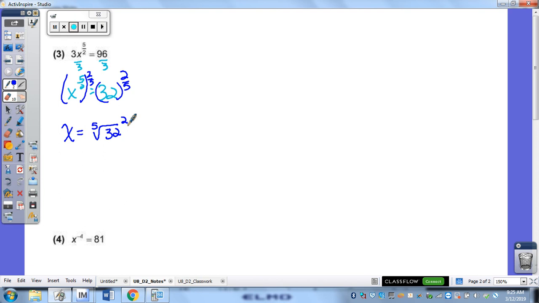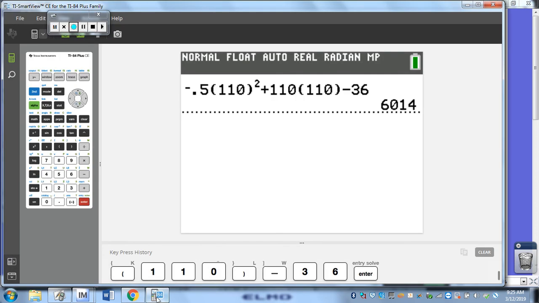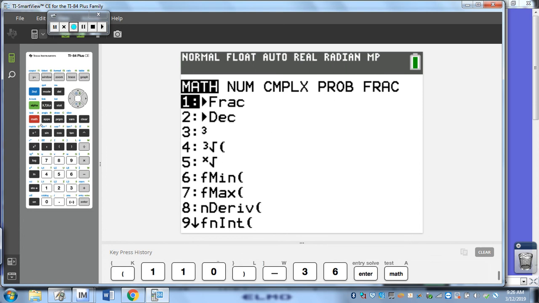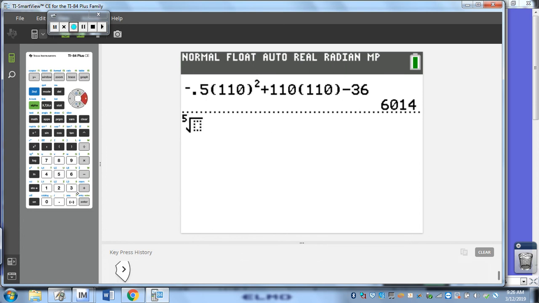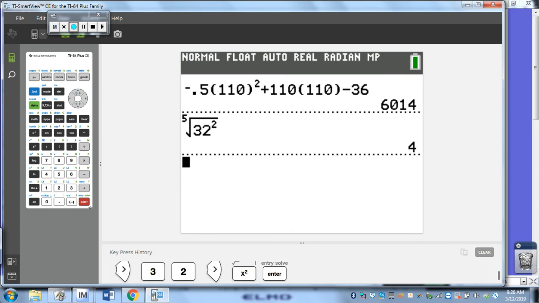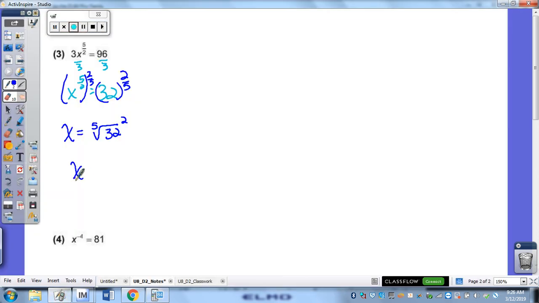Use your calculator to help you if you need to. So math, choice 5, I want 5th root of 32, and then we want to square it, so we get 4. So we get x equals 4 is our answer.